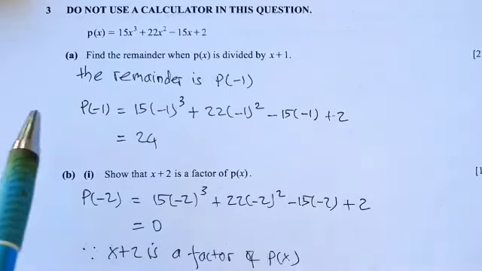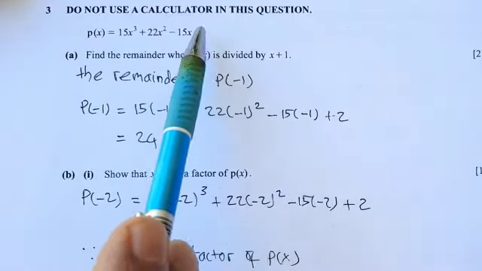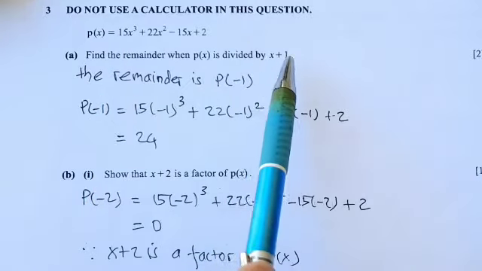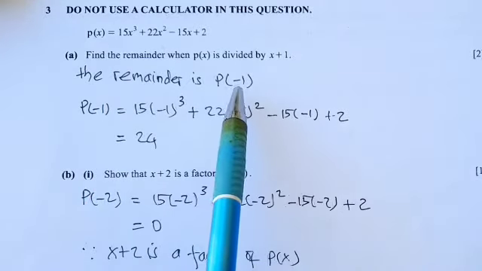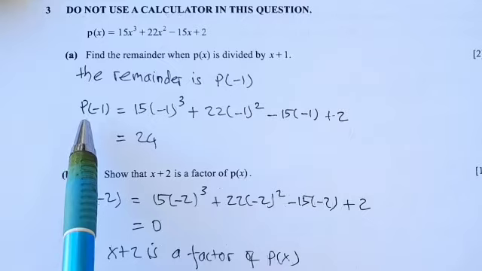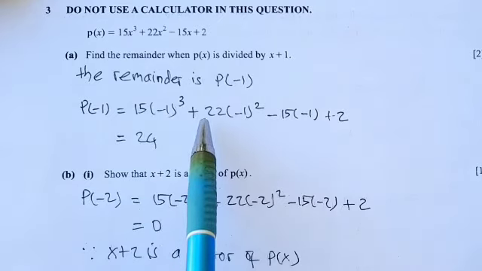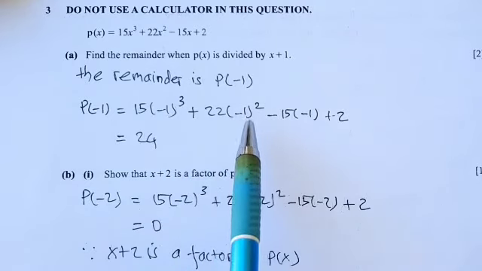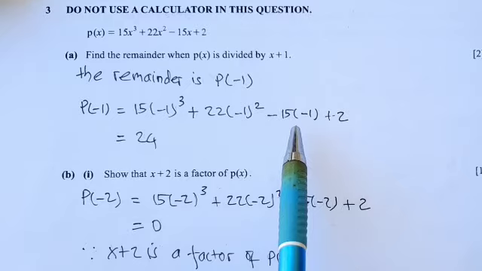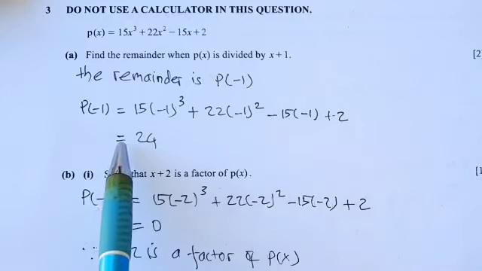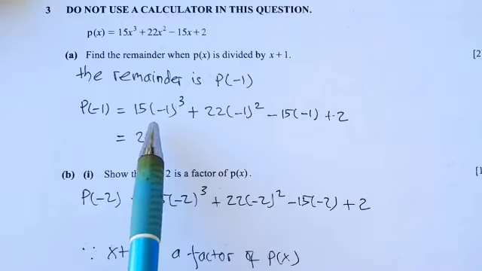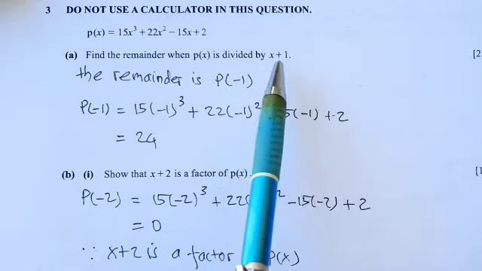The remainder when this polynomial is divided by x plus 1 is P(minus 1). Thus we substitute x by minus 1. P(minus 1) equals 15 times (minus 1) cubed plus 22 times (minus 1) squared minus 15 times (minus 1) plus 2, which equals 24. This is the remainder of P(x) when divided by x plus 1.